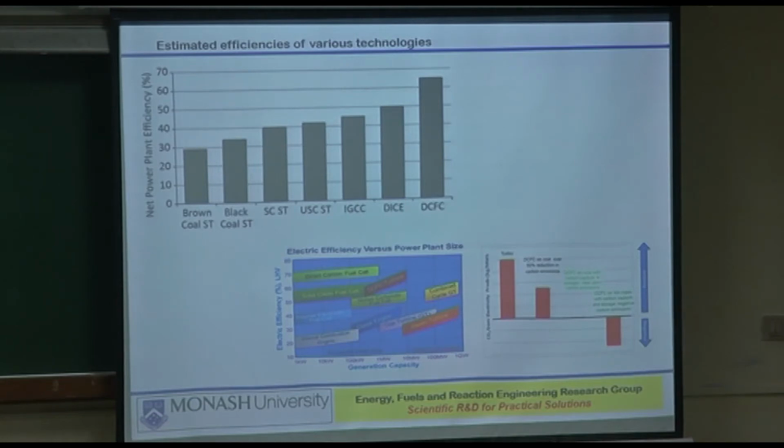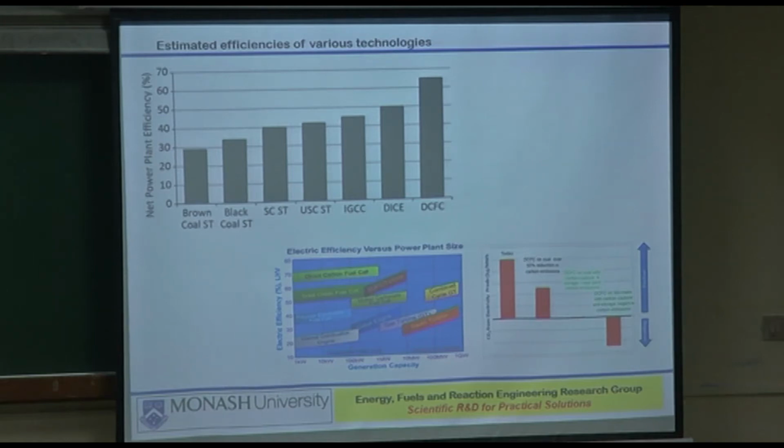And if DCFC becomes feasible and commercial, then there will be a 50% reduction in the CO2 emissions. That's what is projected. So the second bar shows it. Then if you have the DCFC on coal with CO2 capture and storage, then obviously the third bar will be 0 because it can be stored.